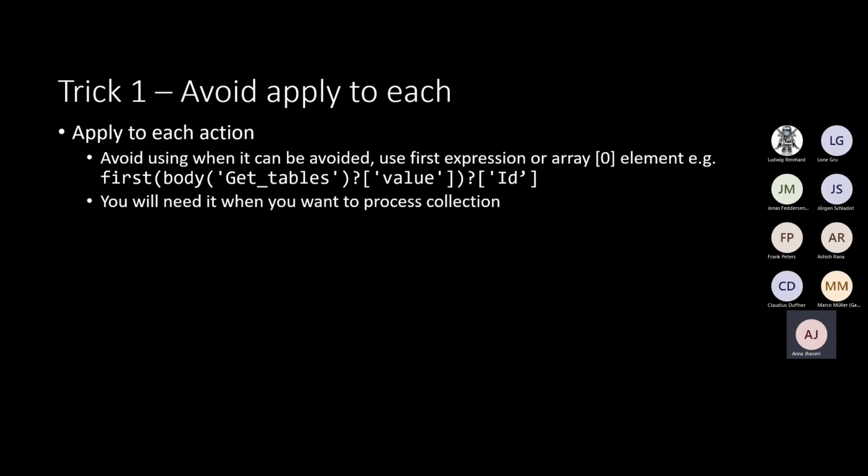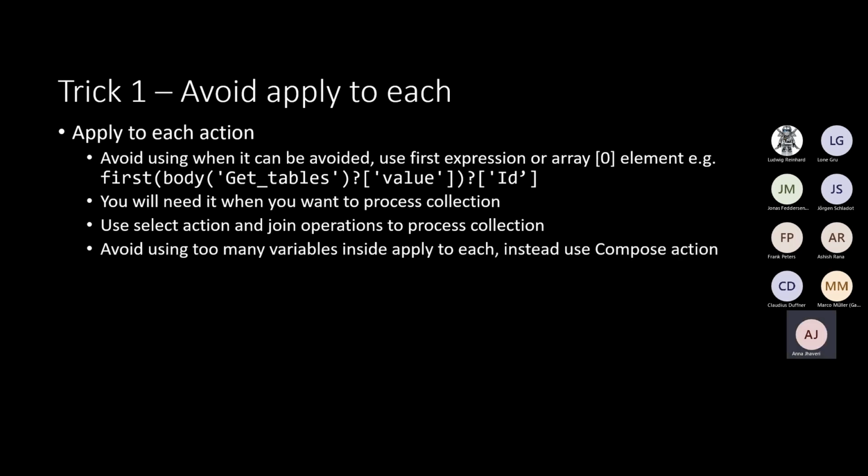This works with any type of collection you have in Power Automate. You can also use select and join operations to process your collection rather than using the apply to each action. Also avoid using too many variables in an apply to each loop. We've observed that using the set variable action or append to variable action in an apply to each loop makes the flow slower.